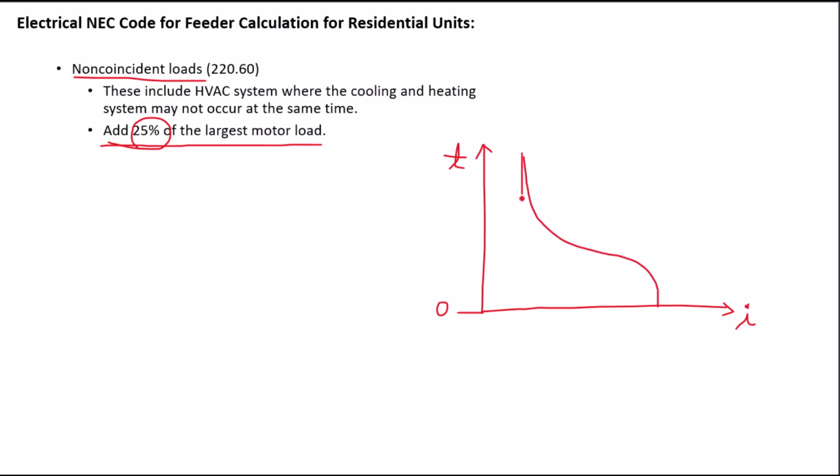Where this line would be the full load current of the motor, and this right here would be the starting or inrush current, or in other words, the locked rotor current of the motor. And typically, the locked rotor current is about 7 times the full load current of a motor, but that could vary based on the motor. My understanding is it's about 7 times the full load current. So that's the reason for this 25% increase of the feeder size.